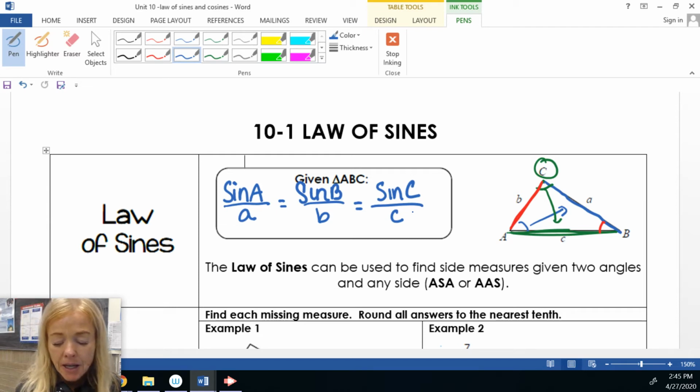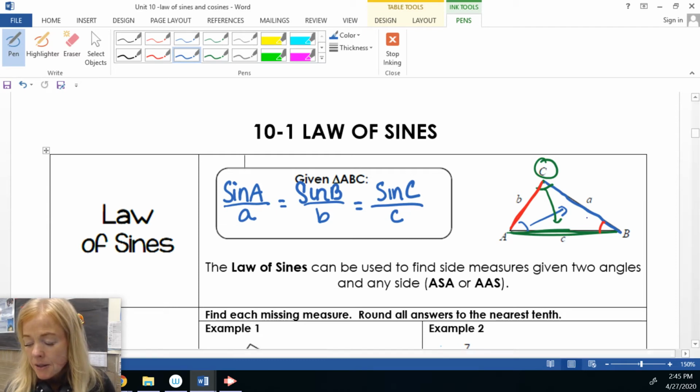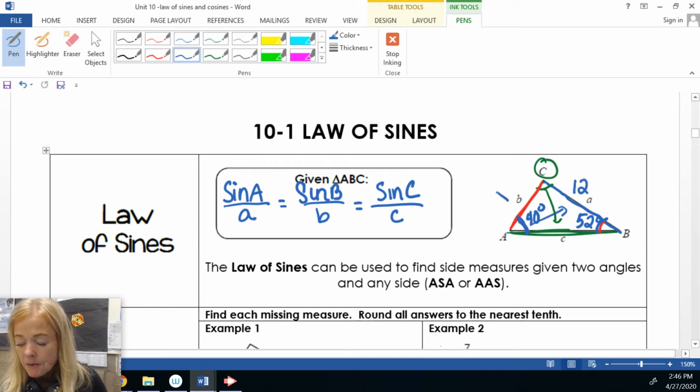So say I know this angle right here is 40, and I know this angle right here is 52, okay? And I know this side is 12, and I don't know this side, I could actually solve for this side. What I need to see is, do I have an angle and the side opposite?